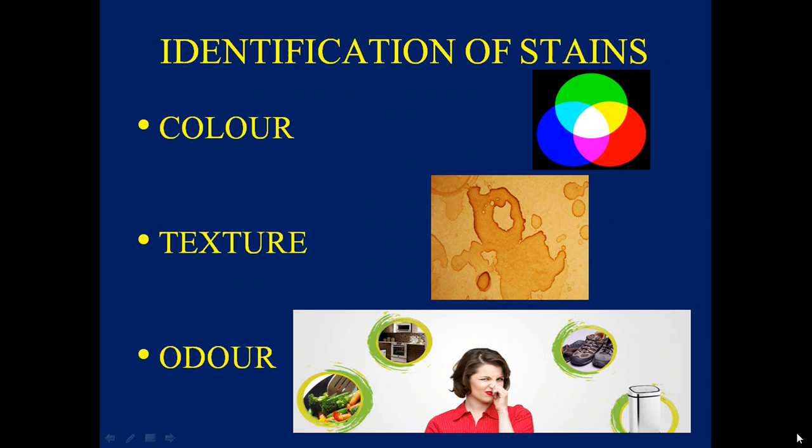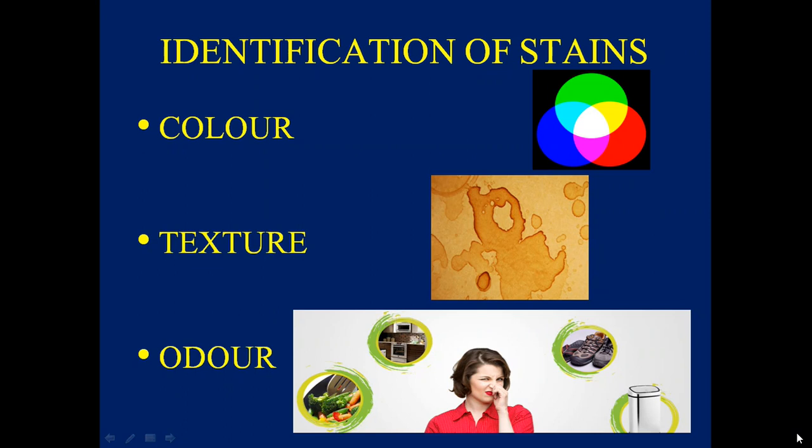The visibility of the stains is through color. Then texture, whether it is a rough texture, a soft texture, or any other kind of texture. So you have to identify the texture with the help of the feel of your fingers. You have to put your fingers on the linen and you can take the texture, and then you can easily identify whether it is a coffee stain or a blood stain or any other stain.